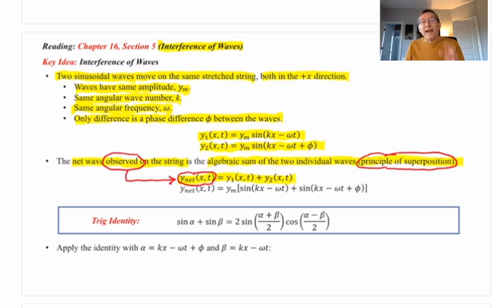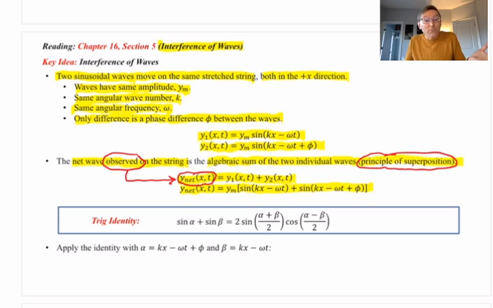And that's obtained by adding the functions y1 and y2. So that's what I've done in the next line. y net of x and t equals. Now I factored a y max out front because it's common. And then I have in square brackets sine of kx minus omega t from the first wave plus sine of kx minus omega t plus phi from the second wave.